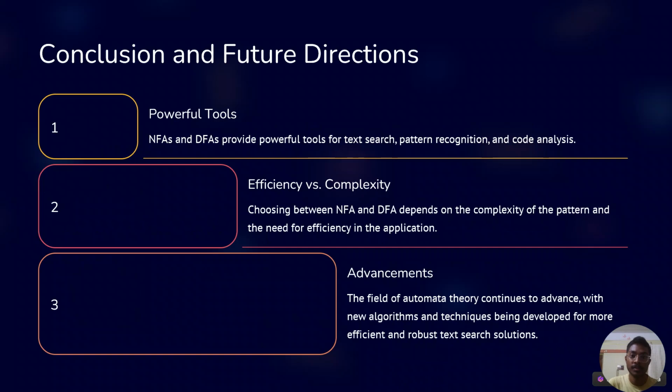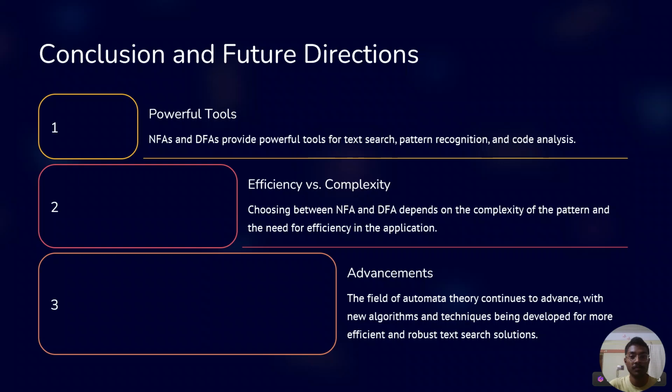Now let us come to a conclusion and discuss some of the future directions of NFAs and DFAs. NFAs and DFAs provide powerful tools for text search, pattern recognition, and code analysis. We also have efficiency versus complexity.